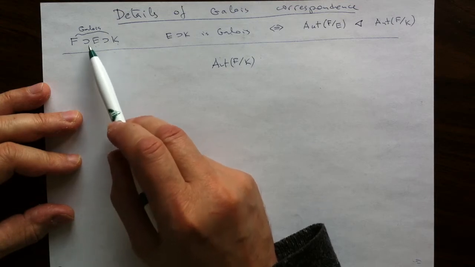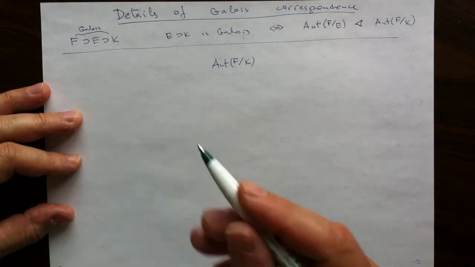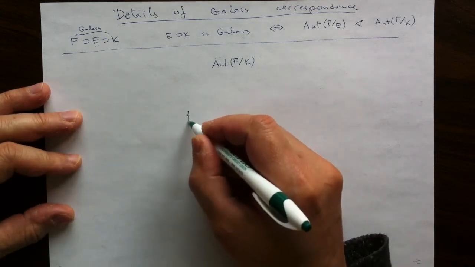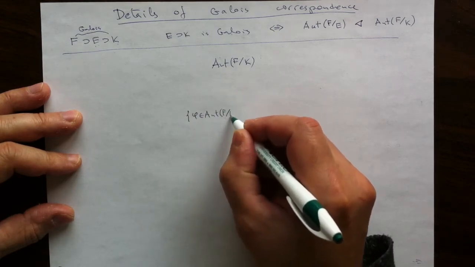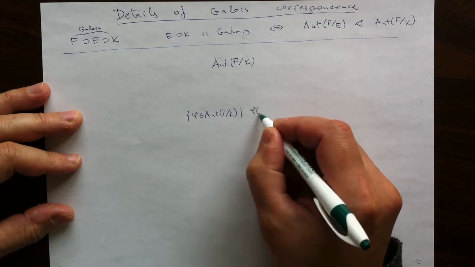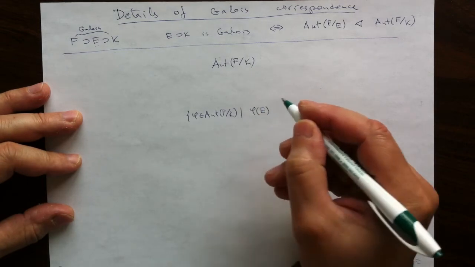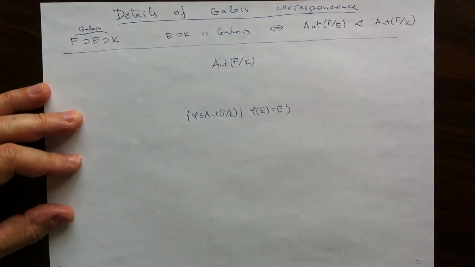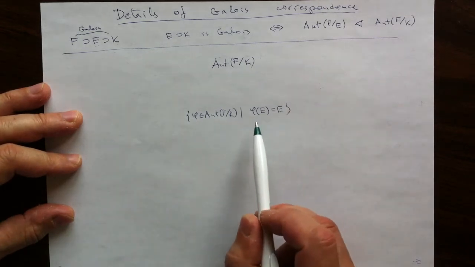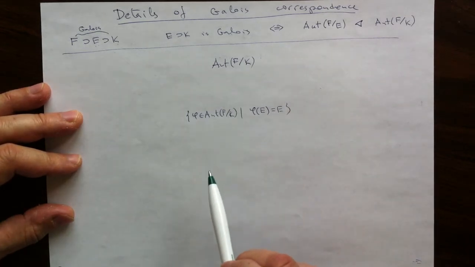They might move elements inside E, but just keep E as a subset fixed. So I will look at the collection of such: phi of E as a subset is equal to E.